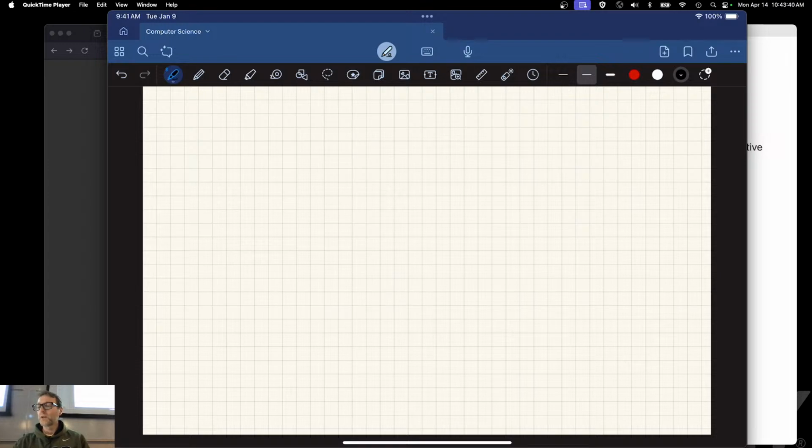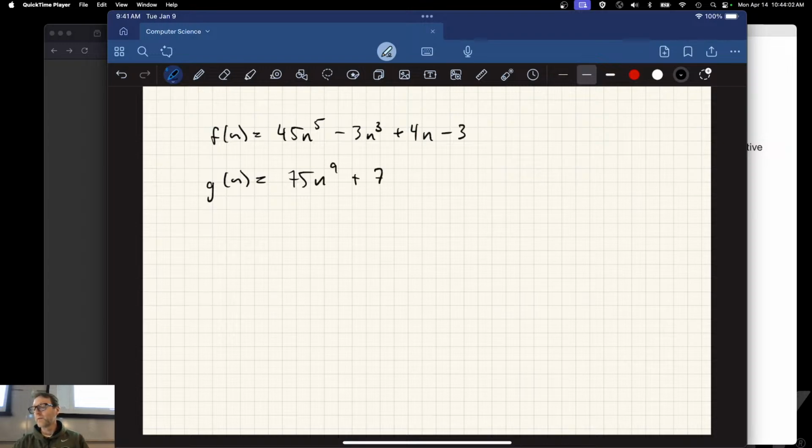What if I gave you something like this? What if f of n is 45n to the 5th minus 3n cubed plus 4n minus 3, and g of n is, I don't know, something even funkier: 75n to the 9th plus 7n squared minus 2.